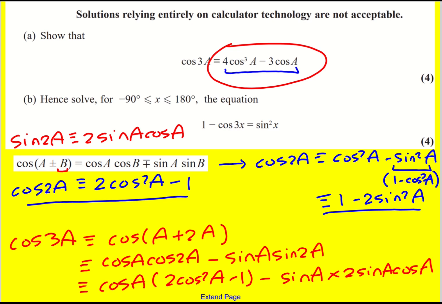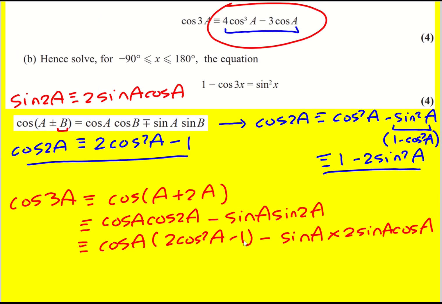And we're trying to get to here. All right, I'm going to expand the bracket. So I will get 2 cos cubed a minus cos a. And over here, I'll get 2 cos a, and sine squared a. Remember, I don't want that. I just want it all in terms of cos.